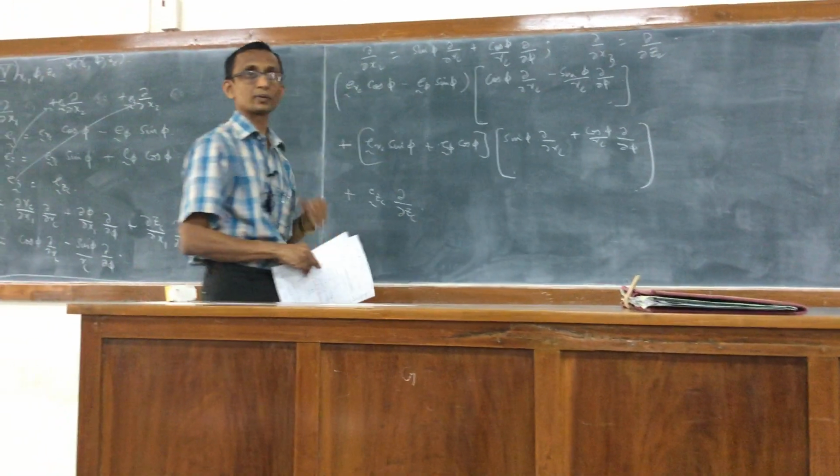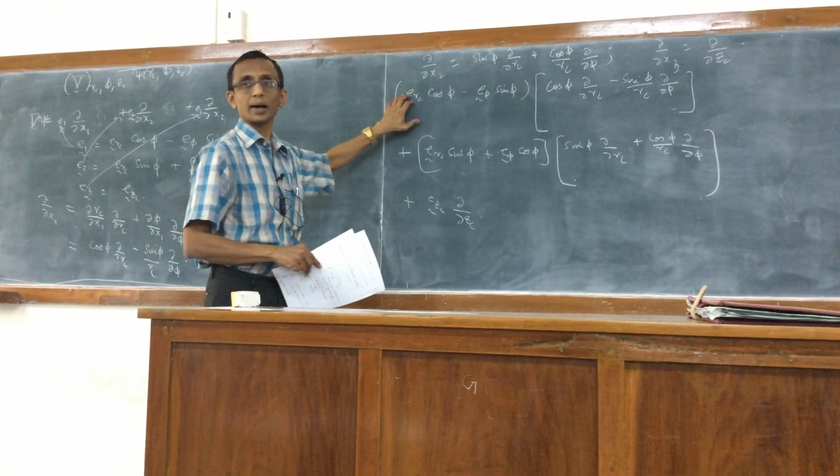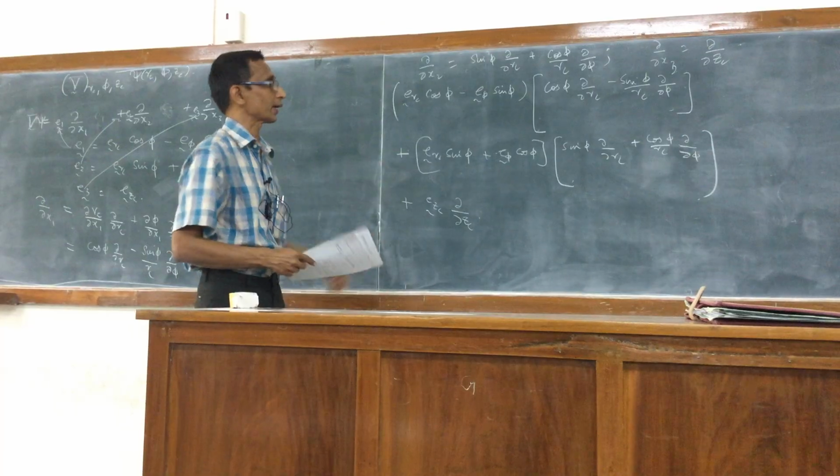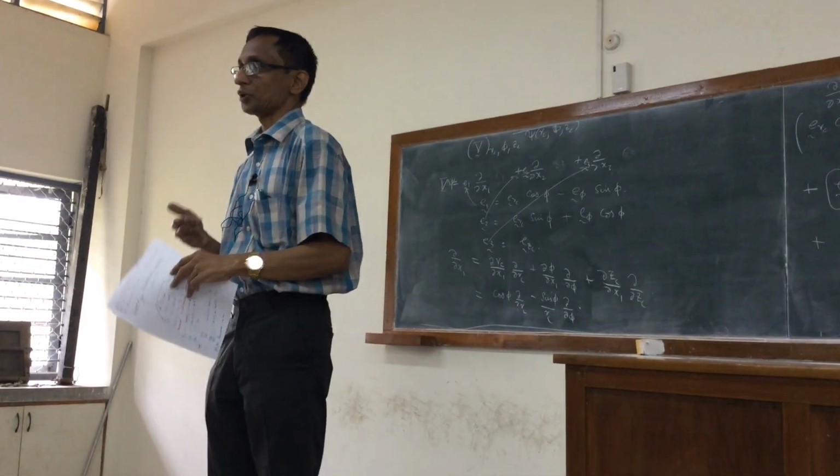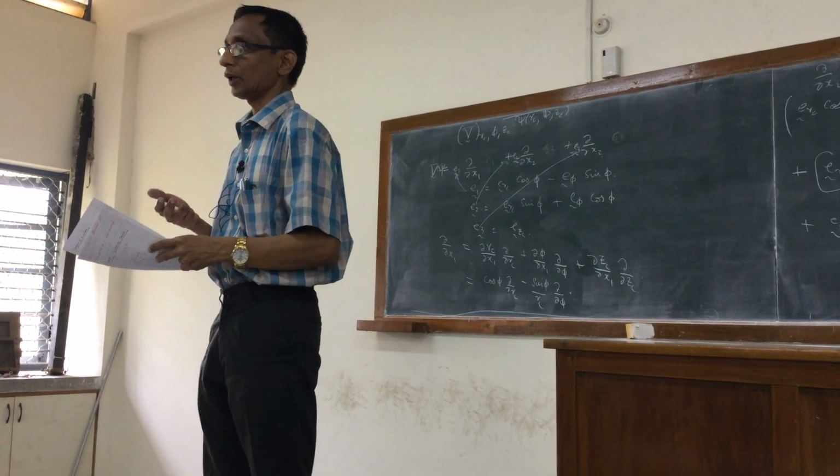So that would cancel, so there will be nothing coming from ERC. Even though terms are there, there is no need that the term multiplying d by d phi should not be dependent on ERC.